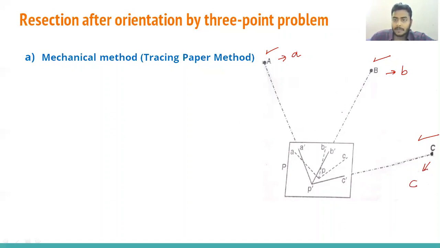Now we have to locate a station P on this drawing sheet, on the plan. So on the plan, we have to locate P. That is called resection, and for resection we are using the 3-point method or 3-point problem. How can we do it? So let's start.